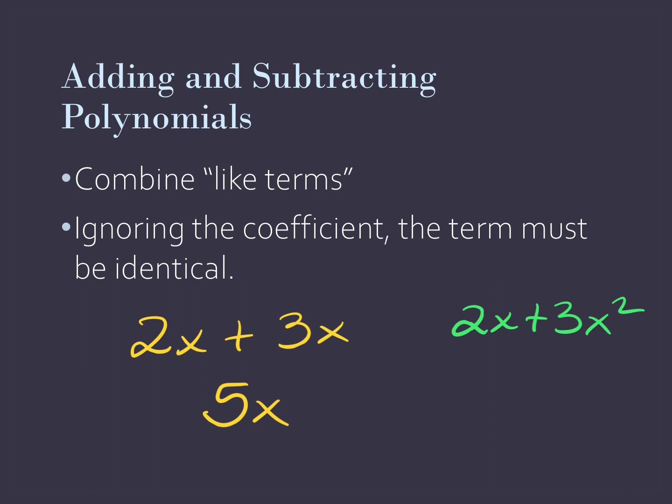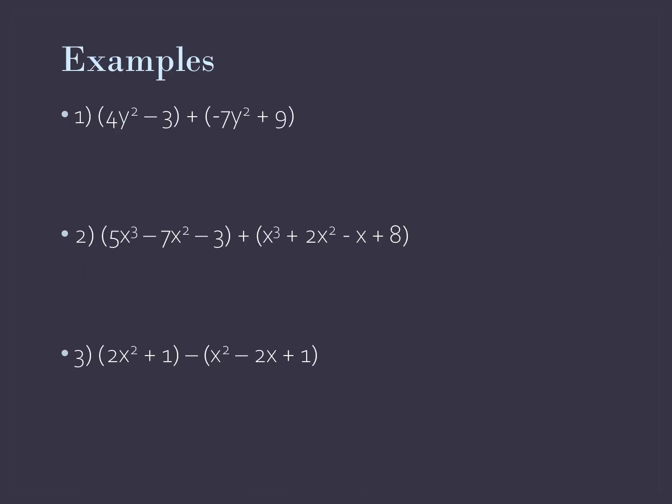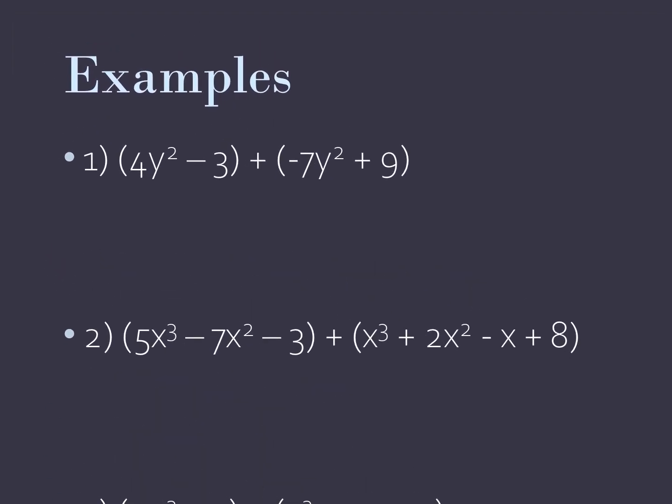So let's try some examples of adding and subtracting polynomials. When you add and subtract polynomials, all we're essentially doing on the adding is combining like terms. On this particular example, if you want to just drop the parentheses, you could. But what I'm looking for are like terms.